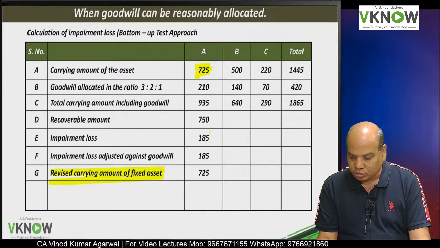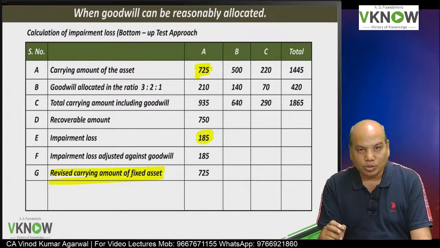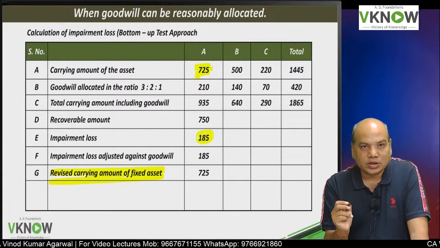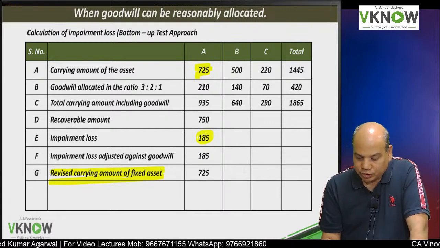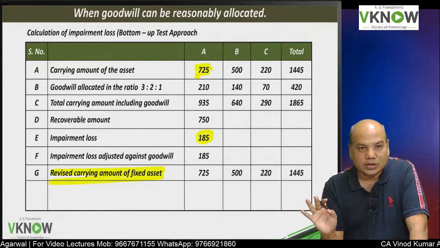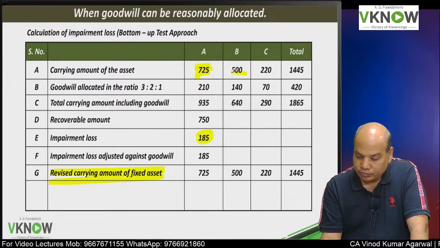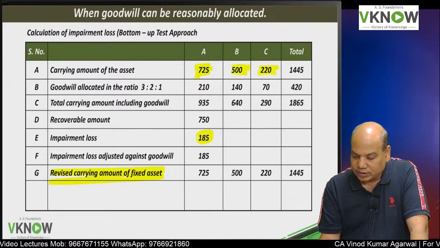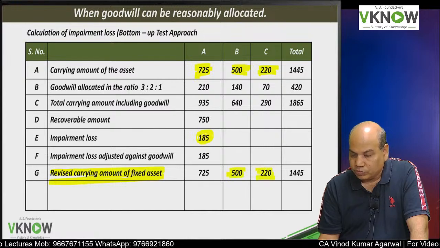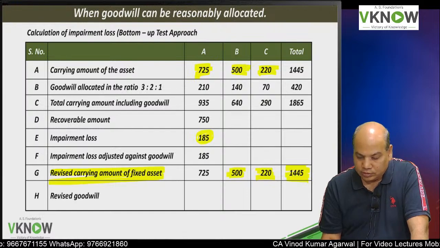Suppose your impairment loss was more than 210, then we would allocate something towards the CGU's assets also. The other CGUs we have not tested, so no change in the other two CGUs. The carrying amount of fixed assets of other CGUs will remain the same. Total comes to 1445.